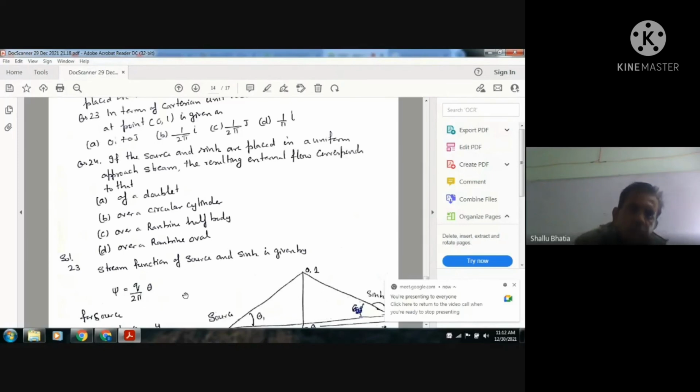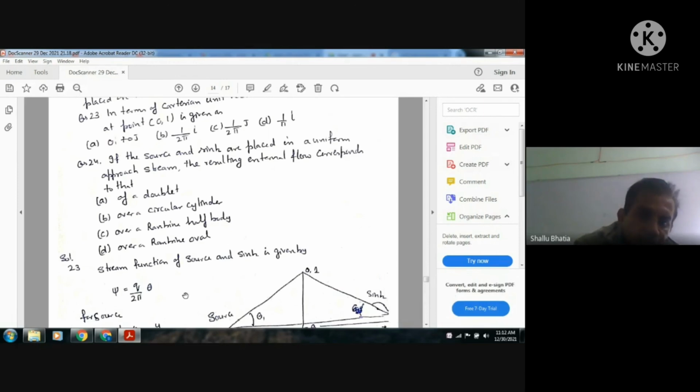Hello, in the last video of the question paper of GATE 2007 XE fluid mechanics, there is some correction in question number 24. The question is: if a source and sink are placed in a uniform approach stream, the resulting external flow corresponds to option A, a doublet; B, a Rankine cylinder; C, a Rankine half body; D, a Rankine oval.